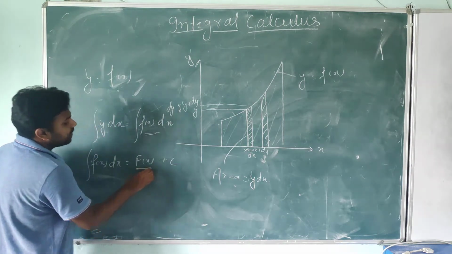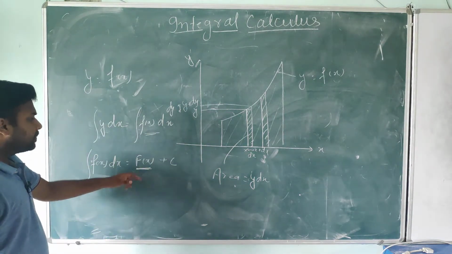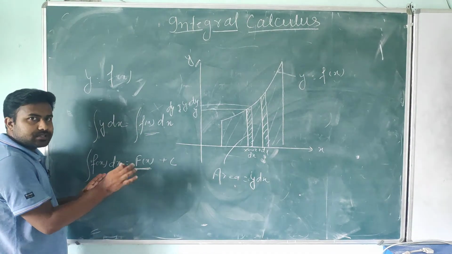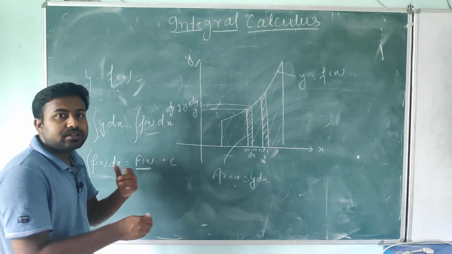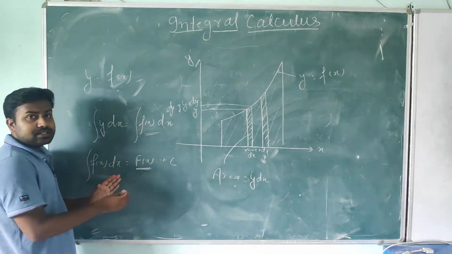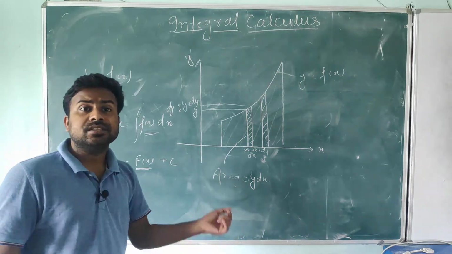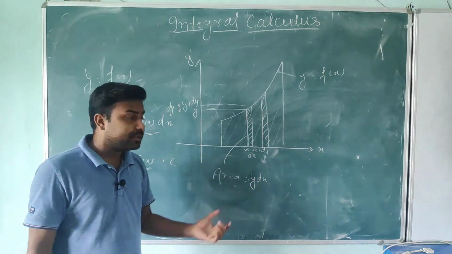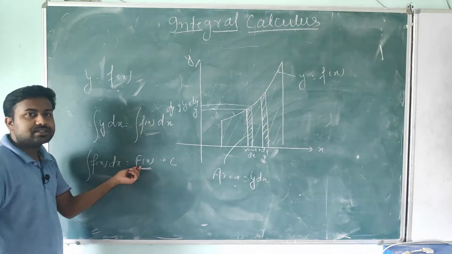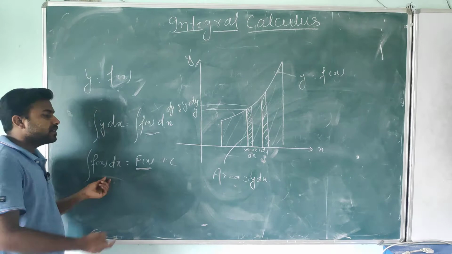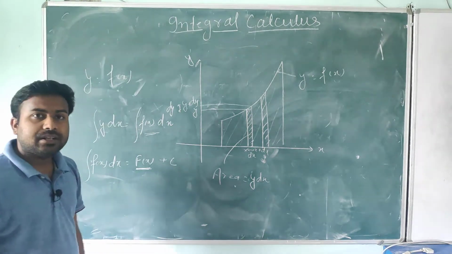What is this capital F of x, student? Capital F of x is what I told you at first: it's a reverse process of differentiation. It means the differentiation of capital F of x is small f of x, and the integration of small f of x function is capital F of x.